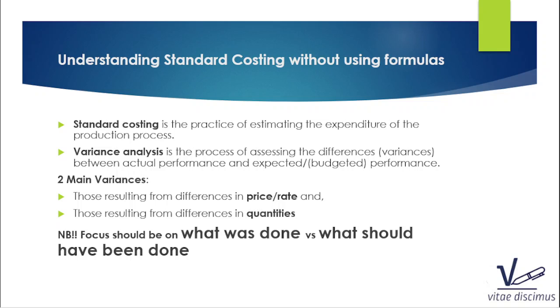We basically have two main variances: those resulting from differences in price or rate, and those resulting from differences in quantities. The focus should be on what was done versus what should have been done.